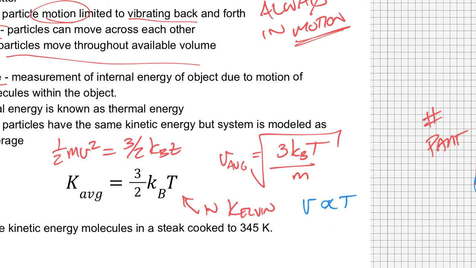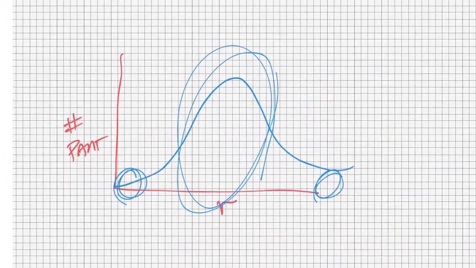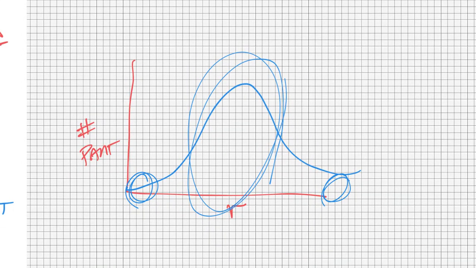And so what we could expect from this graph is that if the temperature rose, we would get a graph that looks more like this, where my graph is actually going to get a little bit lower because the particles are more spread out in terms of the variation of different velocities. But my curve basically gets pushed further to the right where I have a higher average velocity.